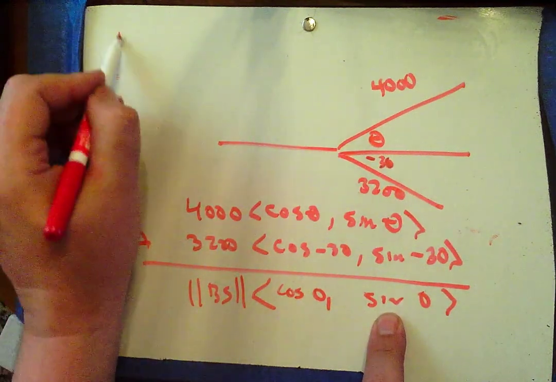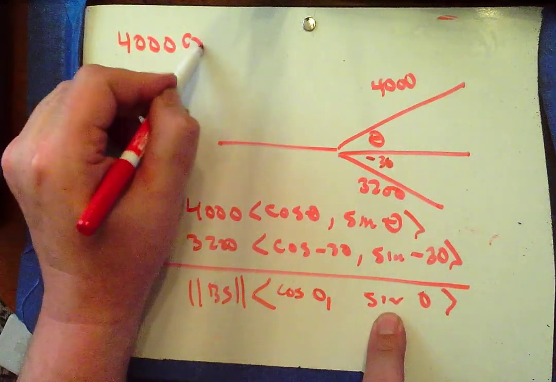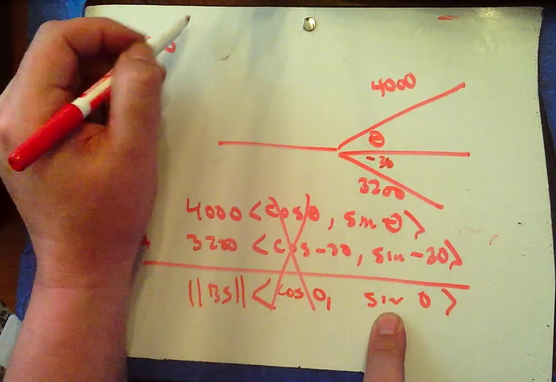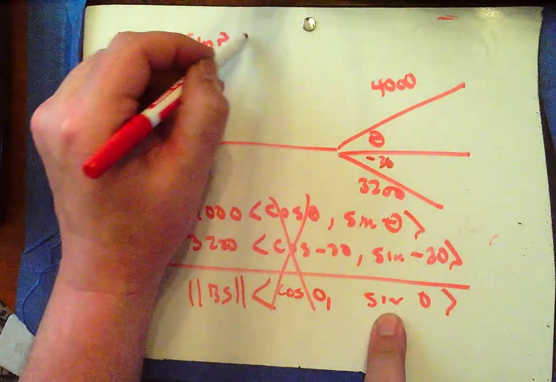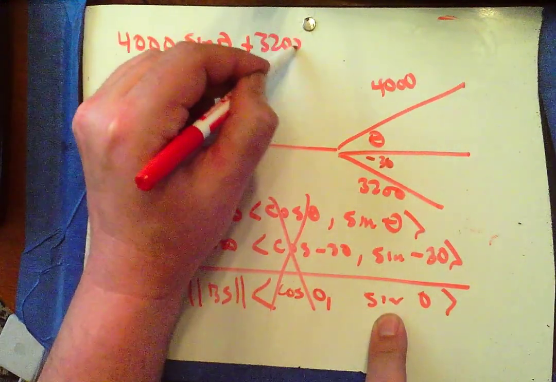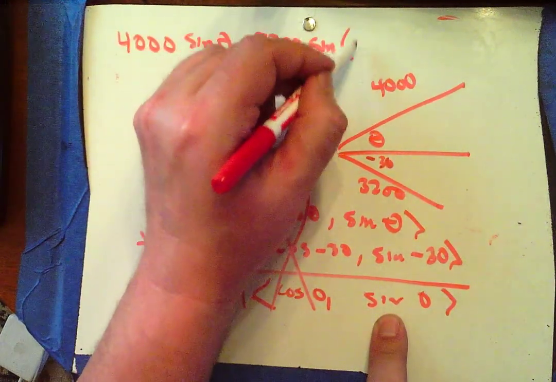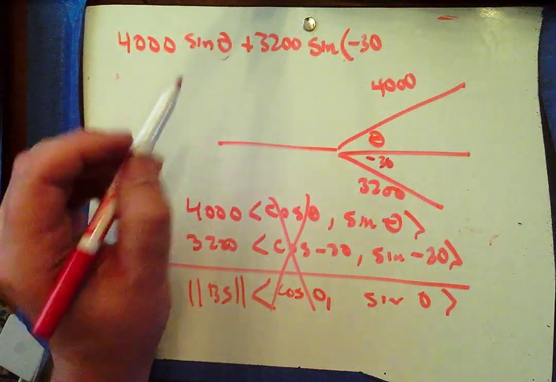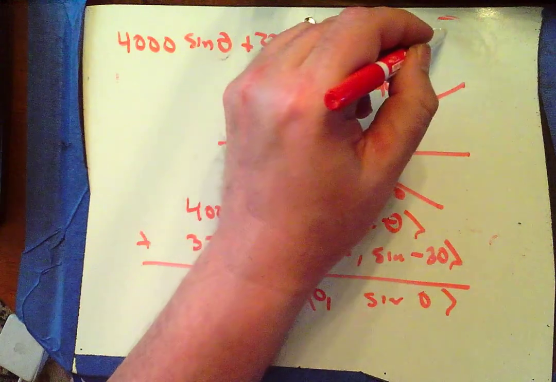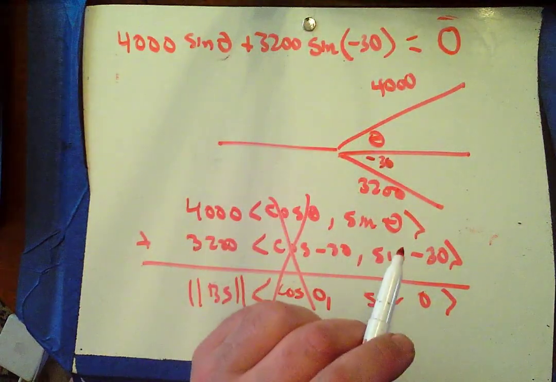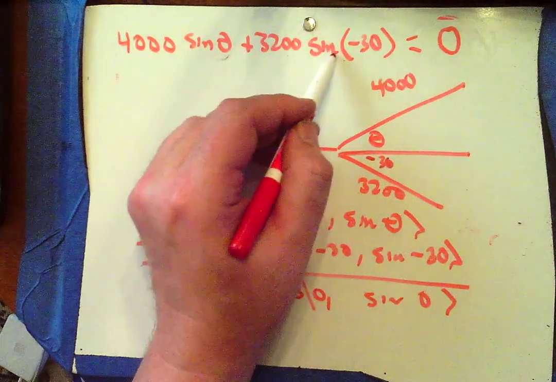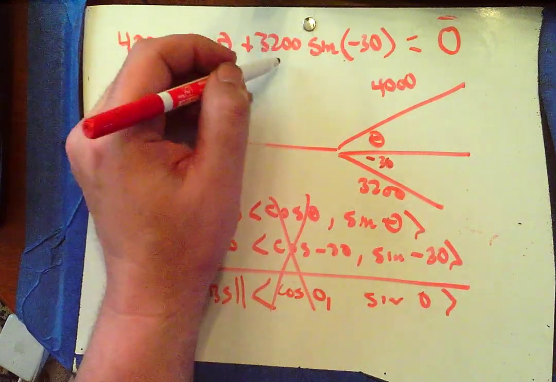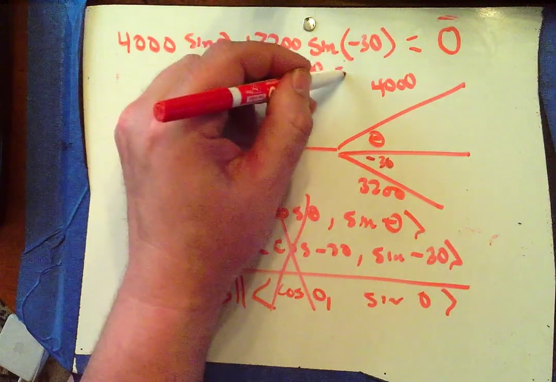So I'm going to say that 4,000 sine of theta plus 3,200 sine of negative 30. Was that really 30? 30, yes. Should equal sine of 0, which is 0. Okay, sine of negative 30 is negative 1/2. Negative 1/2 times 3,200 is negative 1,600.